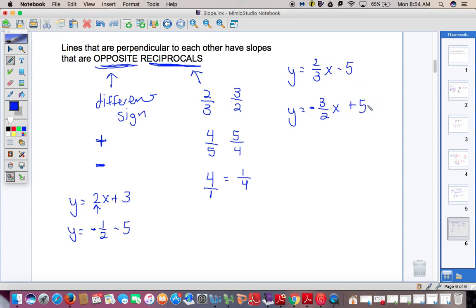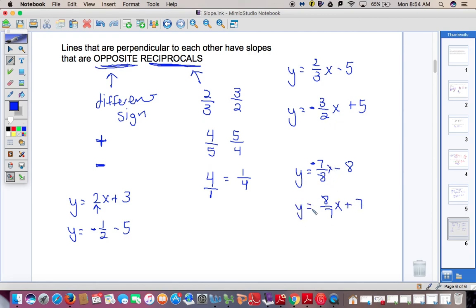These two lines would be perpendicular to each other. If you had y equals negative 7/8 x minus 8, we would say that any line that has a slope of positive 8/7, I better put an x right there, would be perpendicular.